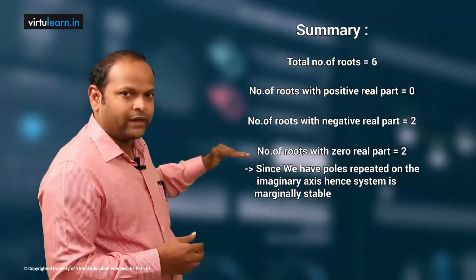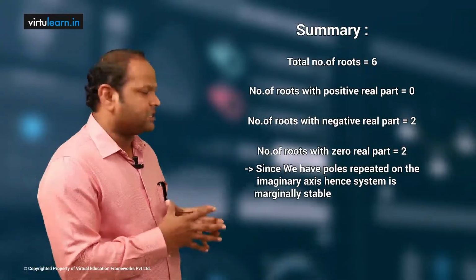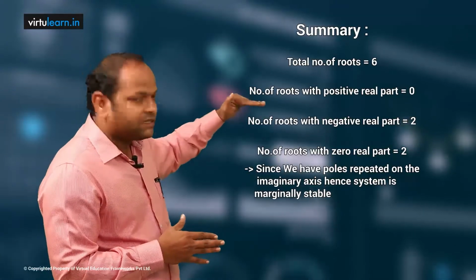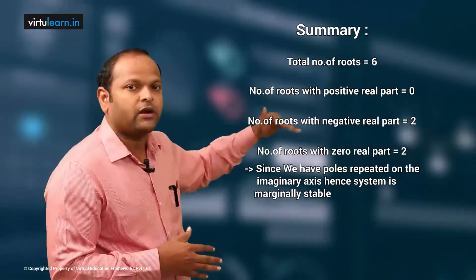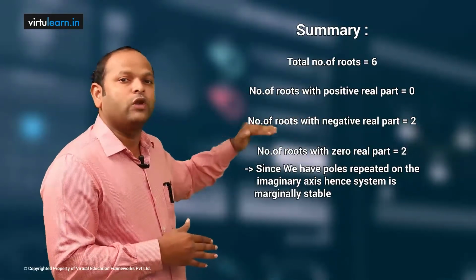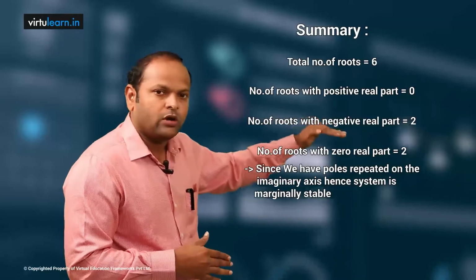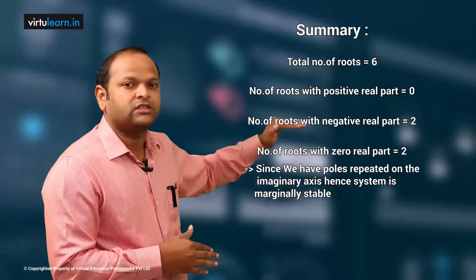Then what are the remaining? The remaining will be 2. Those 2 will obviously be in the left half of the S plane. Therefore I can say the number of roots of the characteristic equation with zero real part is 4, and the number of roots having negative real part is 2, or the number of poles in the left half of the S plane is 2.